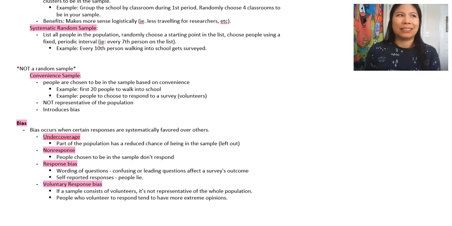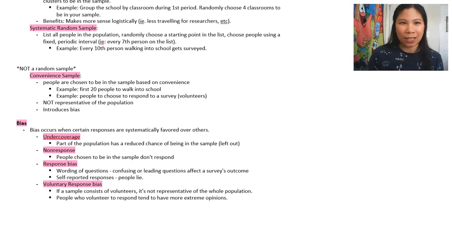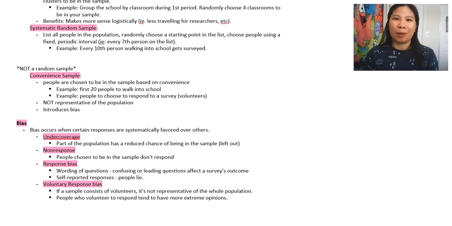And Yelp is a great example of voluntary response bias. People who write reviews are all volunteers. They have taken their time to tell you about this restaurant or this business, whatever. But those people usually tend to either really love the business or really hate it. So they have many complaints because they had a bad experience, and so now they are taking the time to vent about it on Yelp.